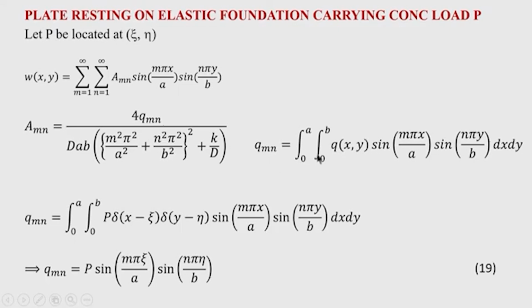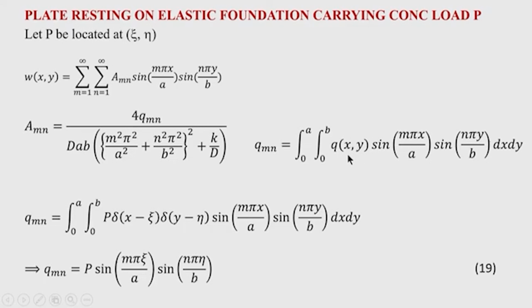By this rule we can find that q_mn is the integral of q(x,y) sin(m pi x by a) sin(n pi y by b) dx dy. But mind one thing, that q(x,y) is not a continuous function.